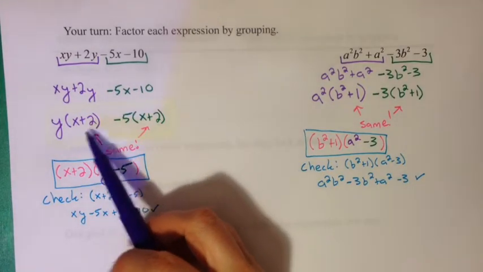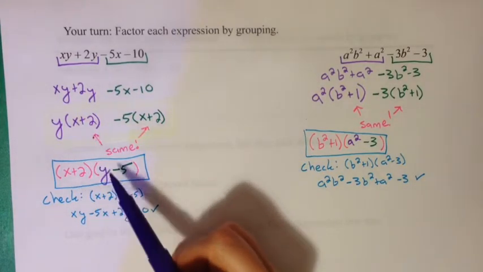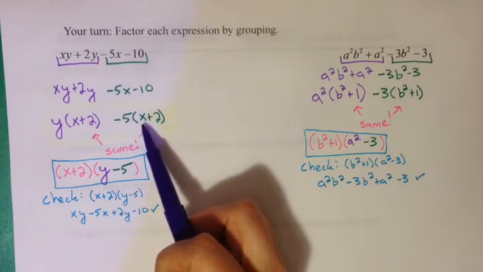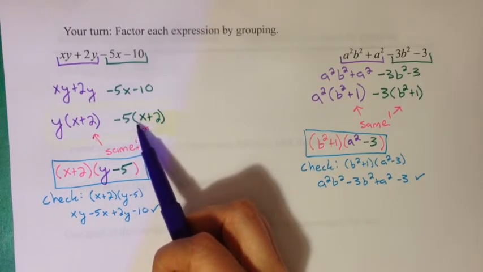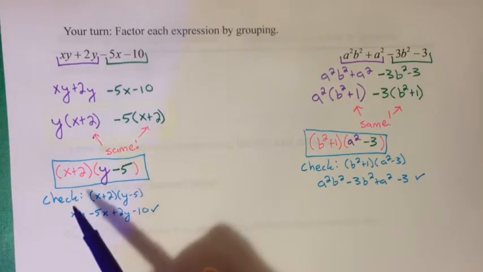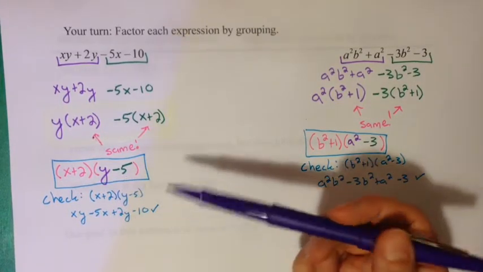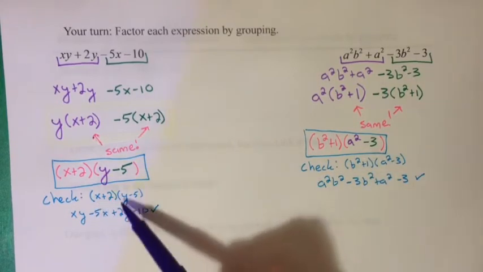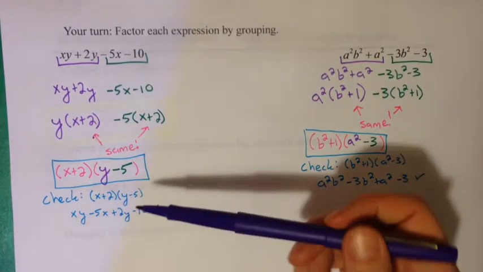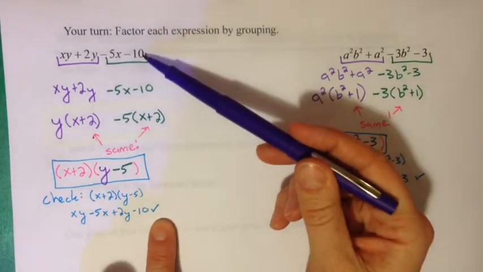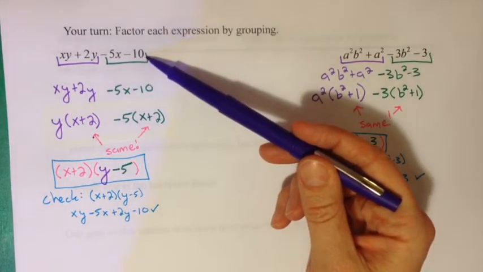When I take the x plus 2 out of my first term, I'm left with a single y. And when I take the x plus 2 out of my second term, I'm left with a single negative 5. So my final factorization is x plus 2 times y minus 5. And remember that you can check that by multiplying this back out. Notice that I get the same terms, even though they're in a slightly different order than the original.